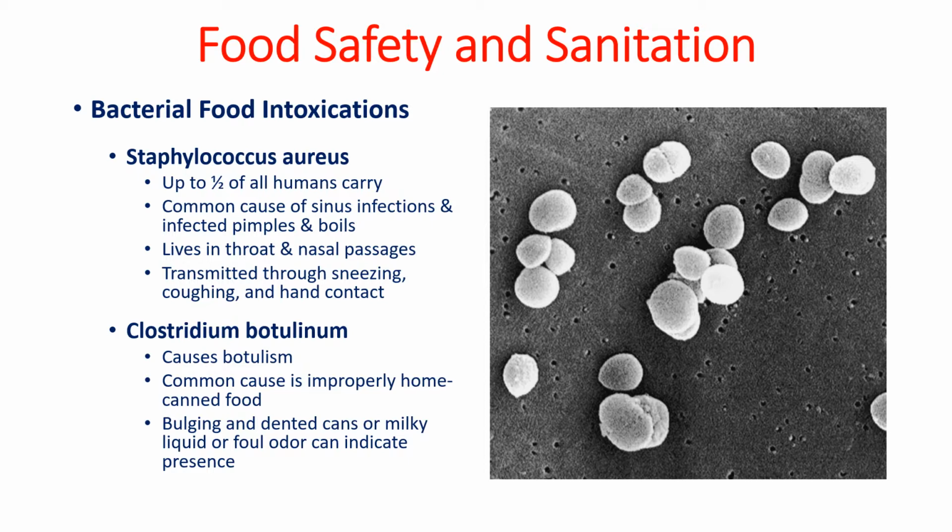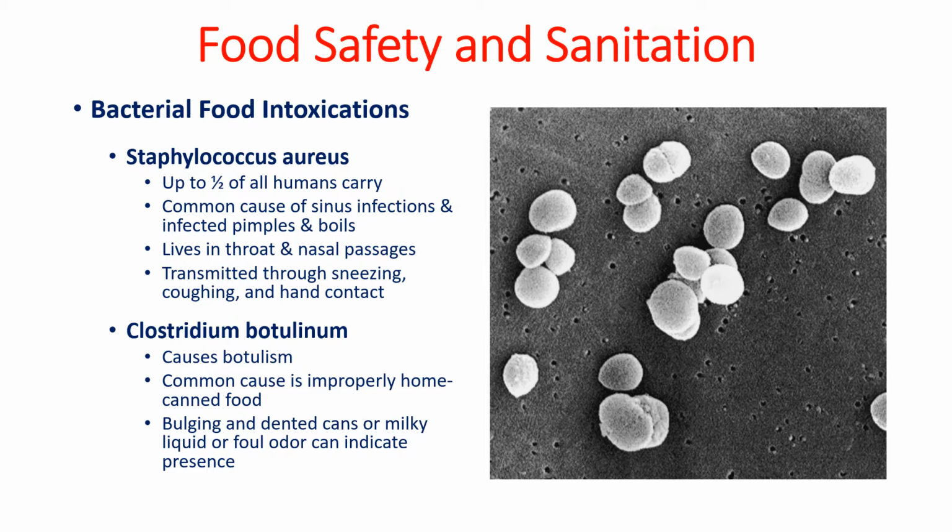Botulinum is a bacteria that thrives really well in zero oxygen conditions. It can survive very well in that. And so typically where it's been found most commonly is in improperly canned goods. So if home canning is not done correctly, and there is some botulinum in there, it can grow and make people very sick and even kill.